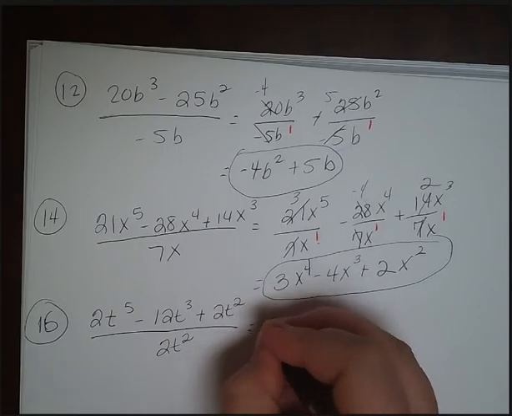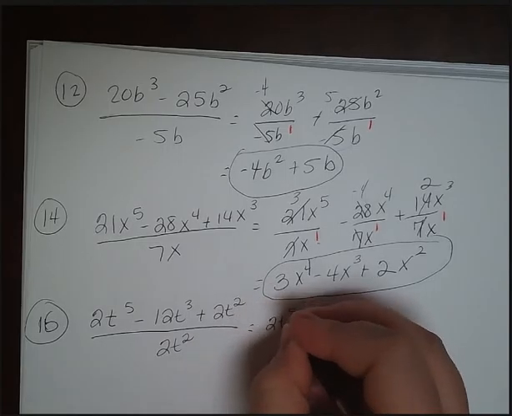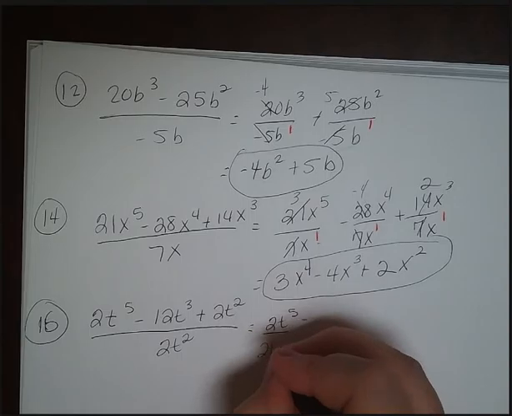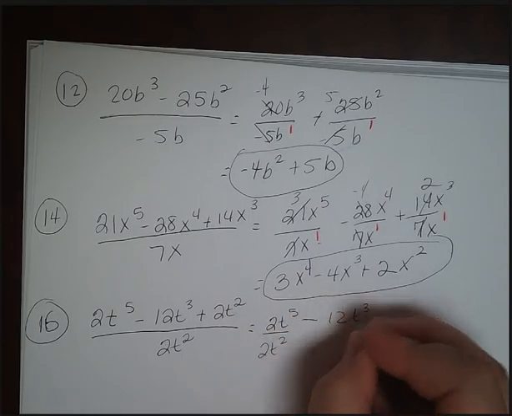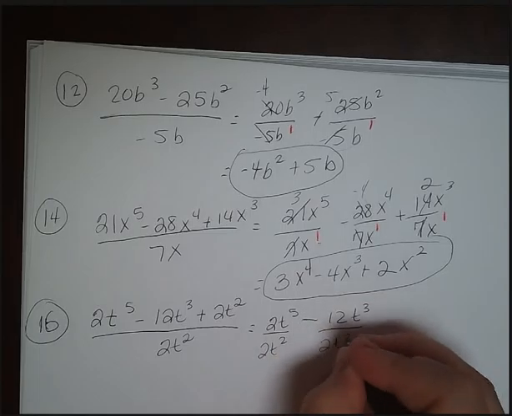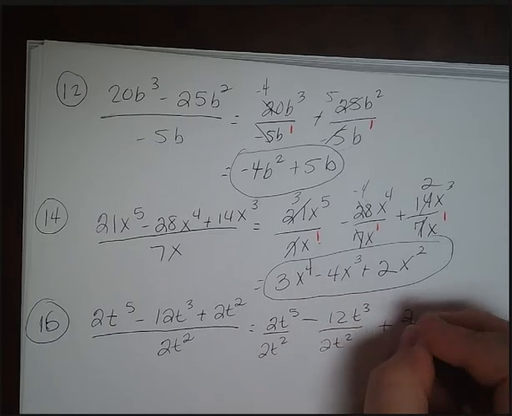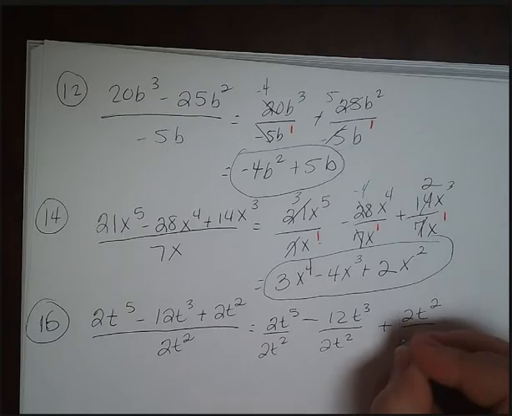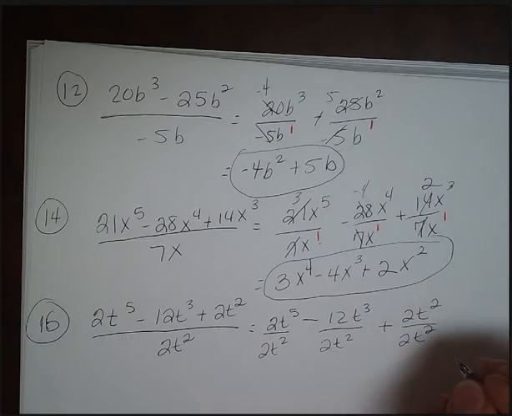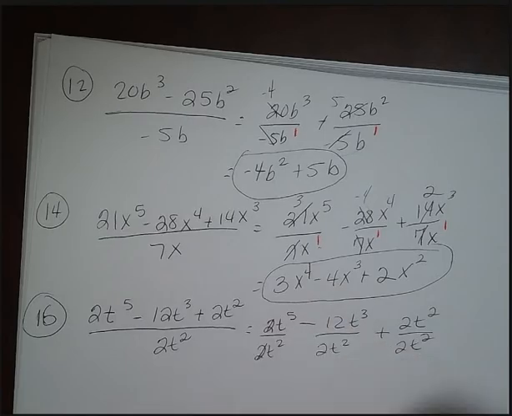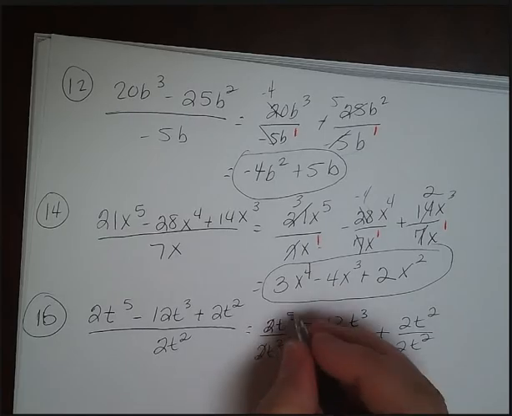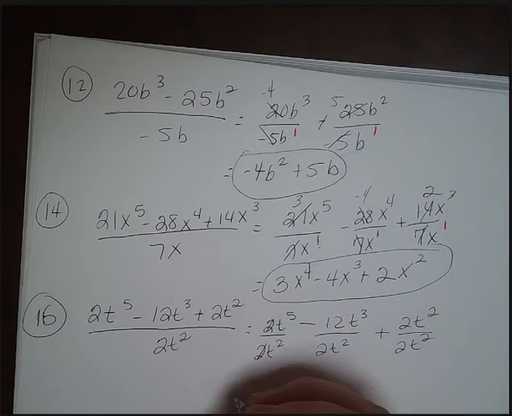So 2t to the fifth over 2t squared minus 12t to the third over 2t squared plus 2t squared over 2t squared. So notice over here that these 2's are going to cancel, and t to the fifth divided by t squared is going to give us a t to the third.